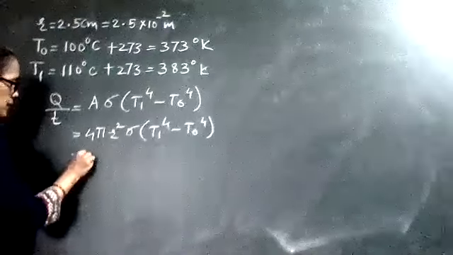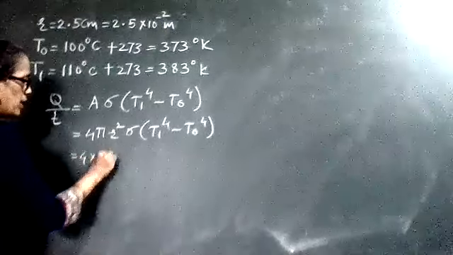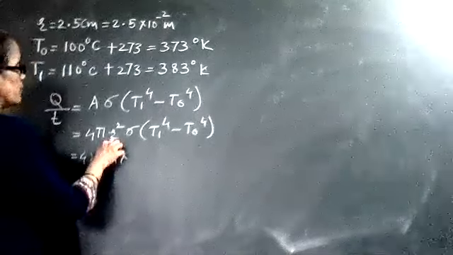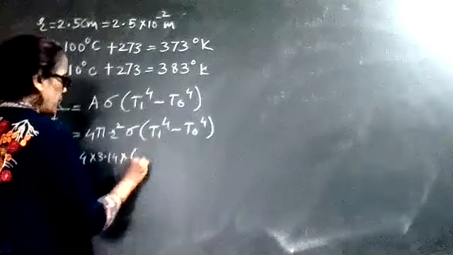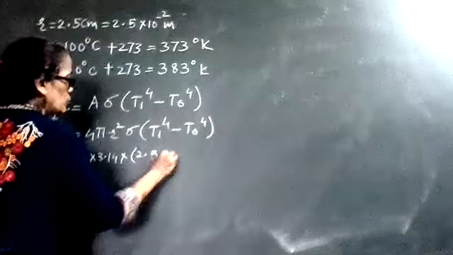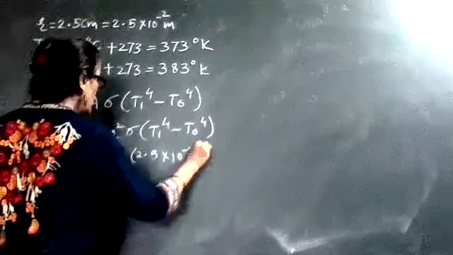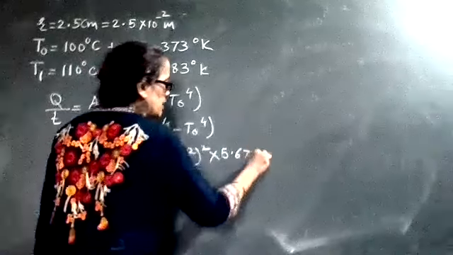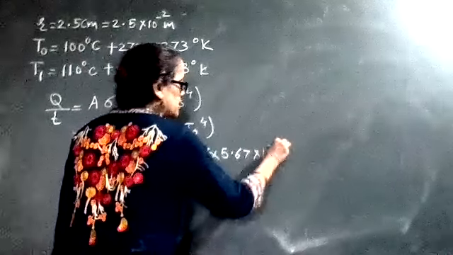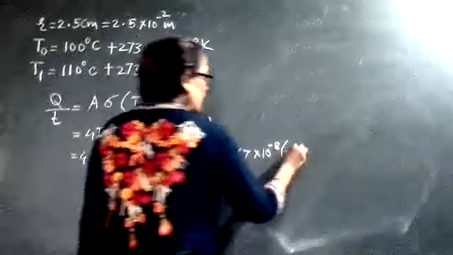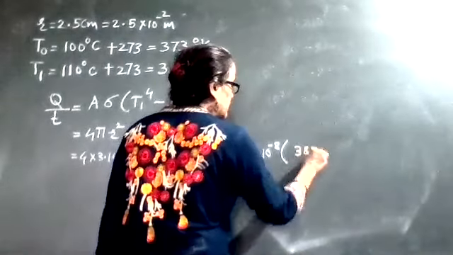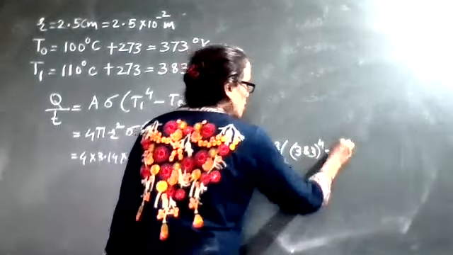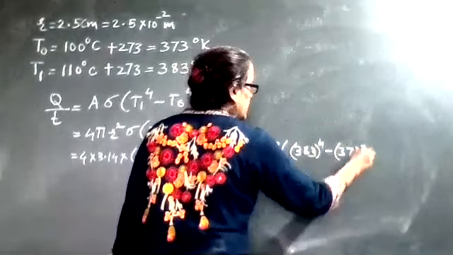So I will put the value 4 into 3.14 into r square, which is 2.5 into 10 raised to minus 2 squared, Stefan's constant 5.67 into 10 raised to minus 8 into 383 raised to 4 minus 373 raised to 4.